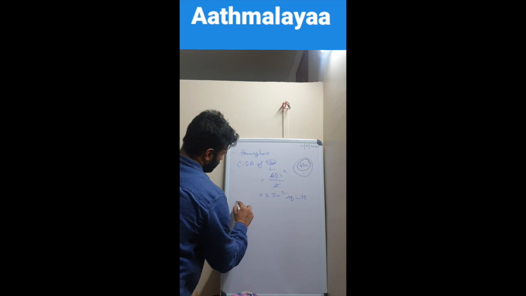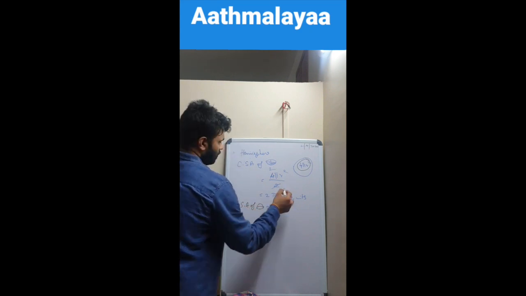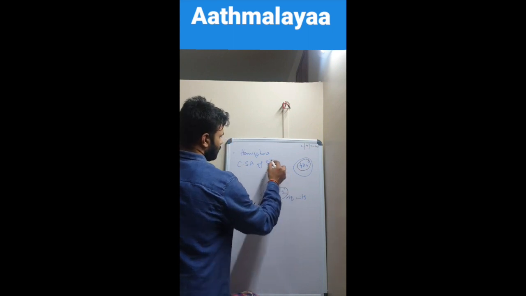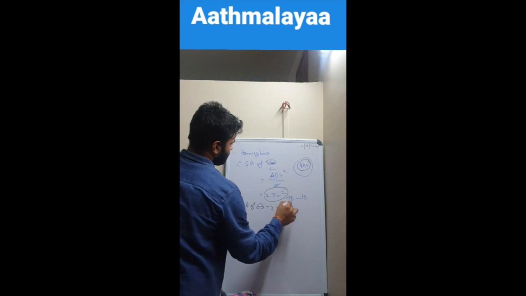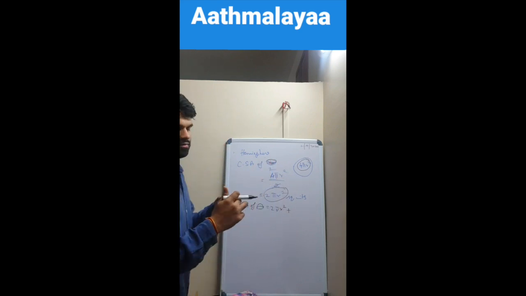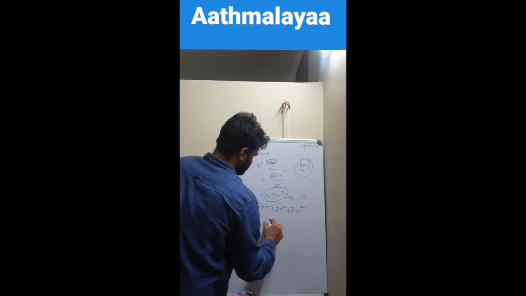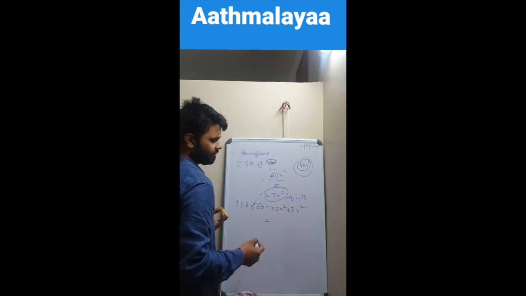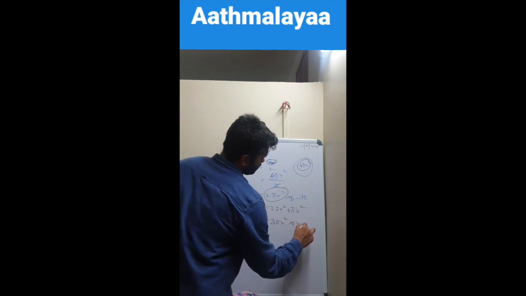We will see about the total surface area of a hemisphere. So one portion will be this because this is already found. So 2 pi r square plus, what is this? Nothing but a circle, pi r square. So 2 pi r square plus pi r square is nothing but 3 pi r square units.